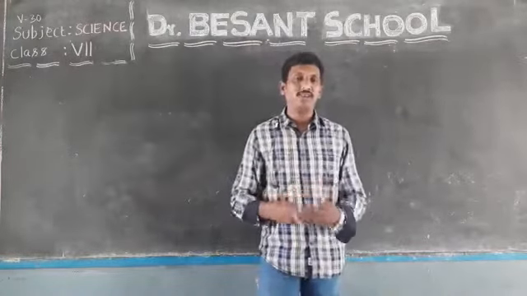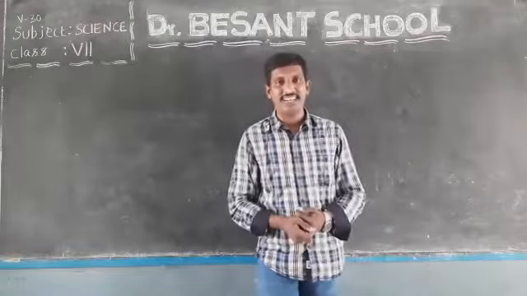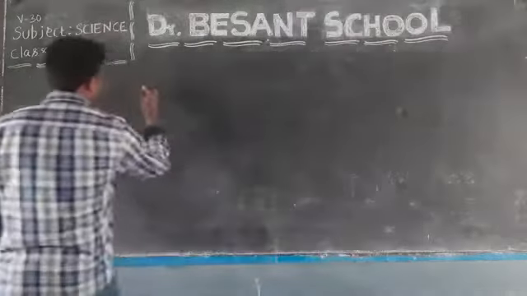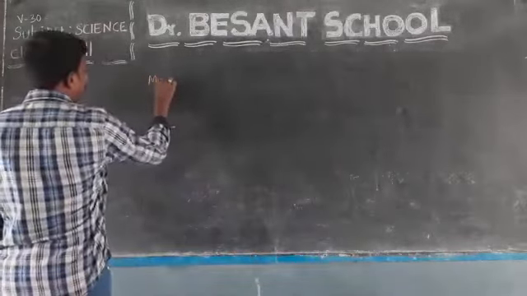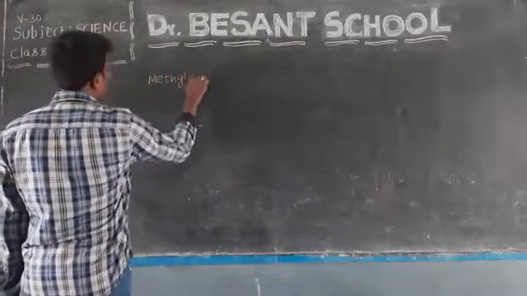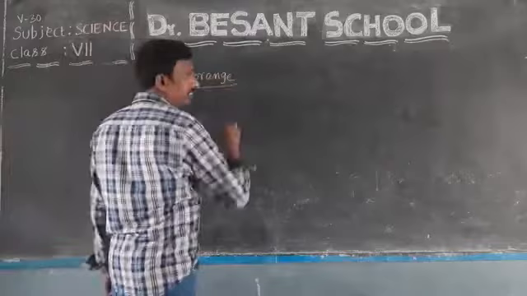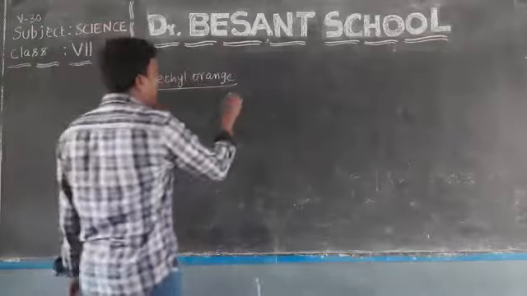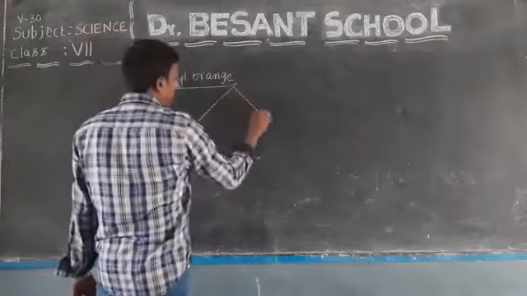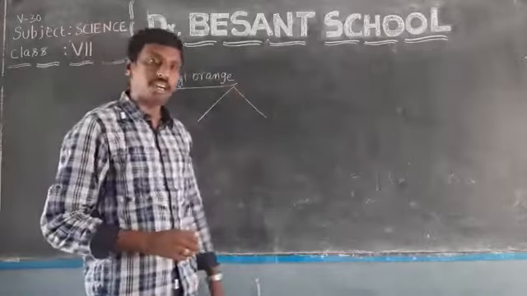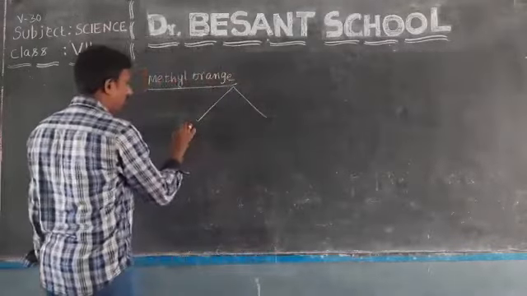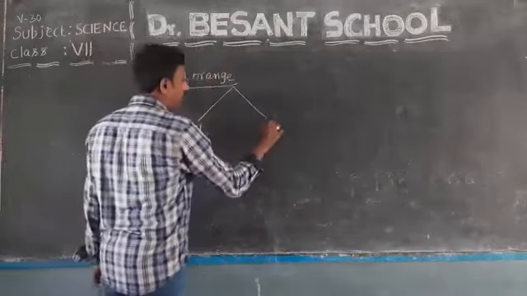We are going to discuss two more indicators. Do you remember those indicators? Yes. One is methyl orange. This methyl orange has a characteristic change of two colors, one to red and another to yellow.